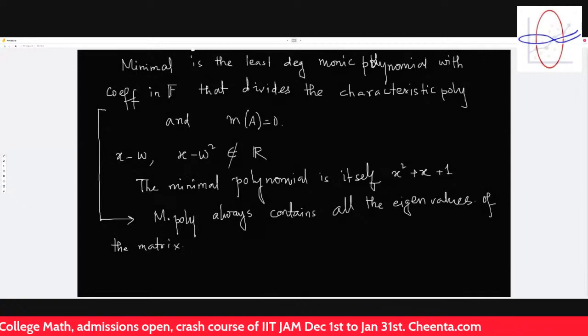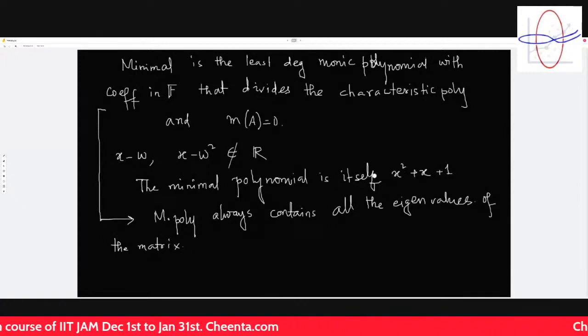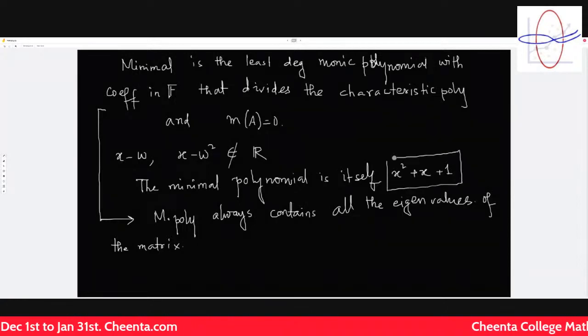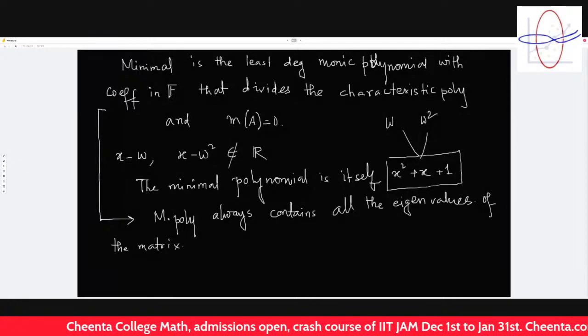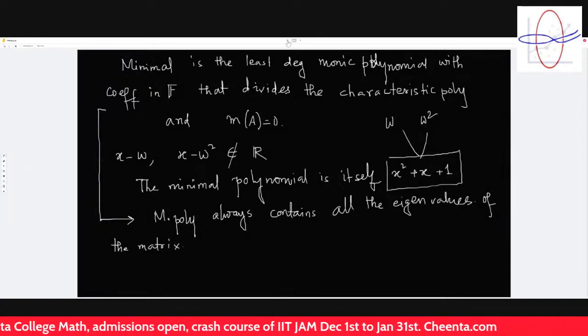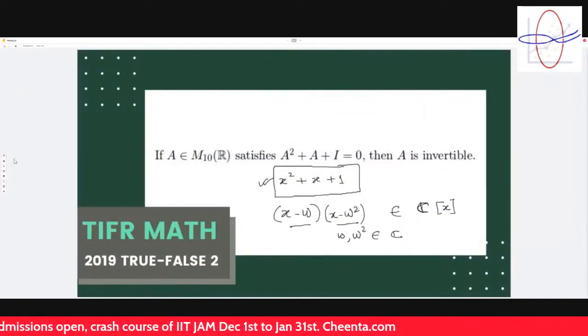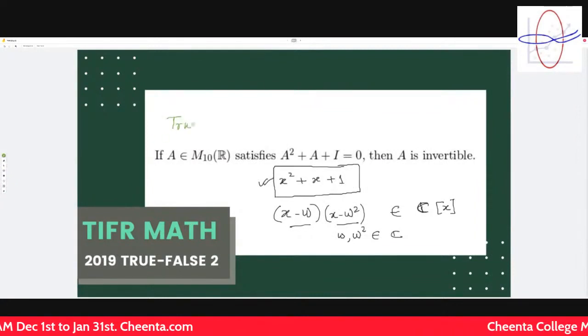This is one of the very useful properties of the minimal polynomial. So the moment the minimal polynomial is x square plus x plus 1, you know that the eigenvalues of your matrix are omega and omega square. So there are no zero eigenvalues, and thus this matrix is indeed invertible. Hence, this is true.